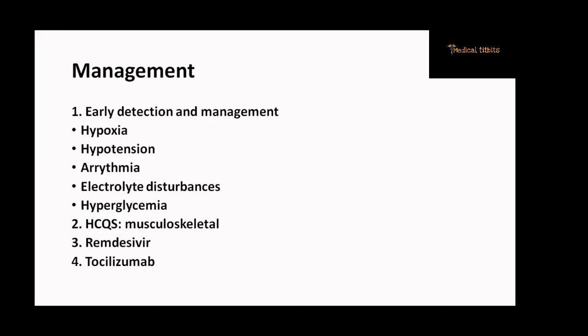Electrolyte disturbances can be corrected. Hyperglycemia is notorious in these patients. At our RHL COVID center also, we have found that hyperglycemia is quite common. On one hand, COVID increases hyperglycemia. On the other hand, steroid, which is used in cytokine release syndrome, also causes hyperglycemia.